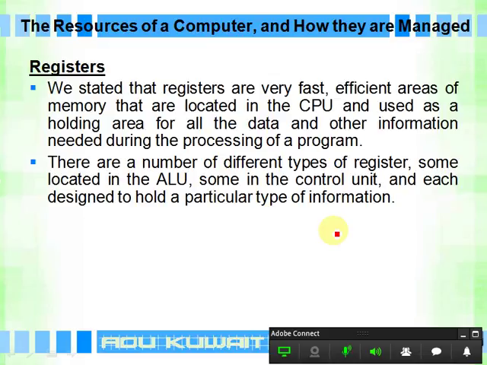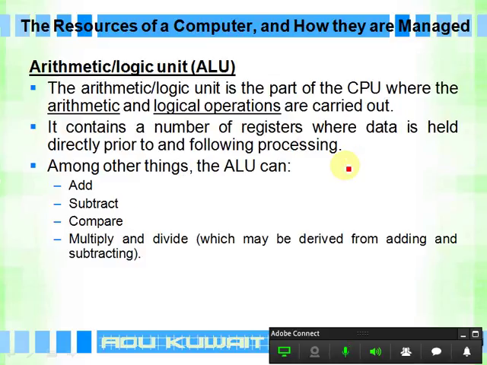There are a number of different types of register in the CPU. Some are located in the ALU, some are in the control unit, and they are designed to hold particular types of information. Some registers hold numbers, some hold characters, some hold operators, plus, minus. The ALU is the arithmetic and logical unit.